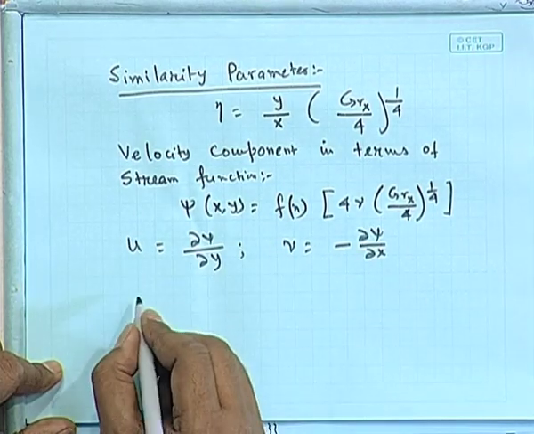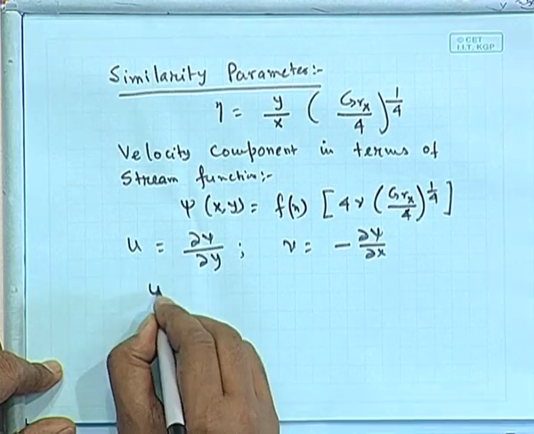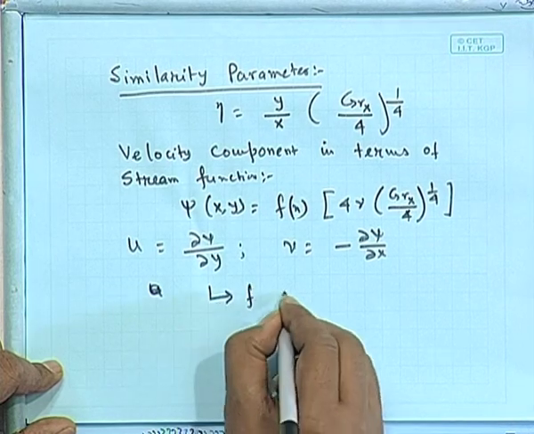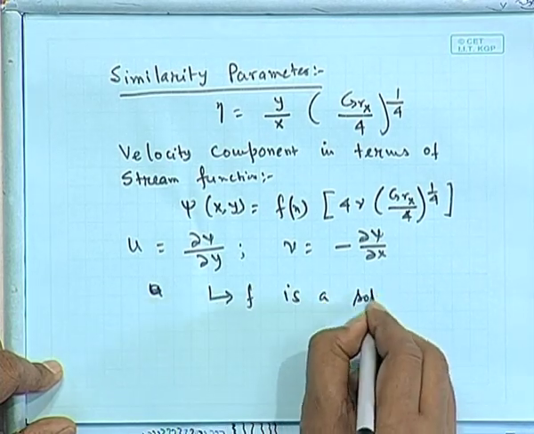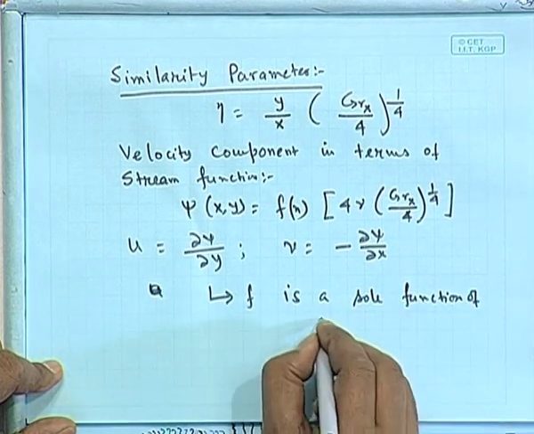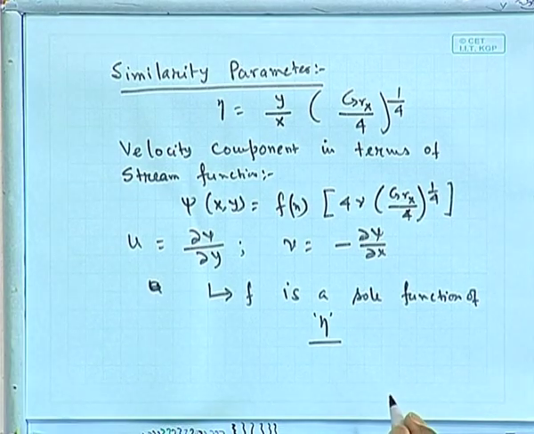Okay. And f is a sole function of similarity parameter eta. Okay.